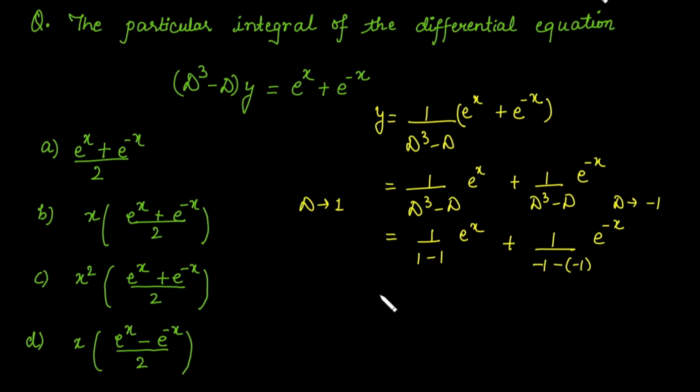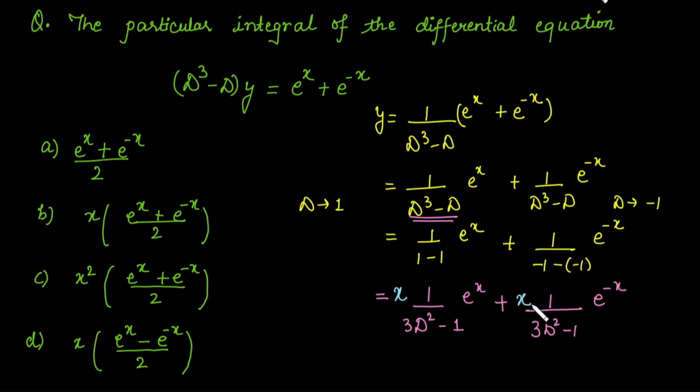In case of failure, what we need to do is take its derivative. What is its derivative? That is 1 upon 3d square minus 1 into this term, as well as the additional term x, plus 1 upon, again take its derivative, that is 3d square minus 1 into e raised to power minus x.